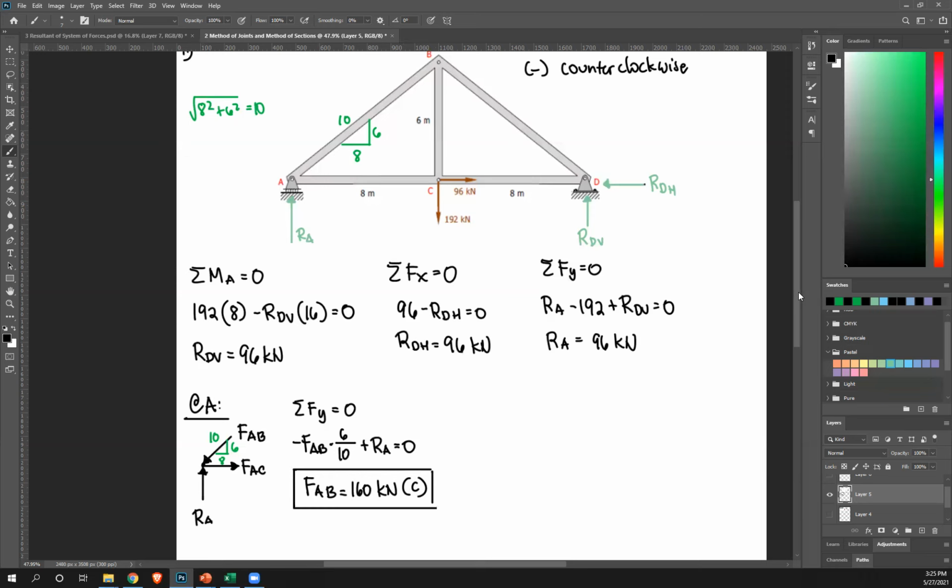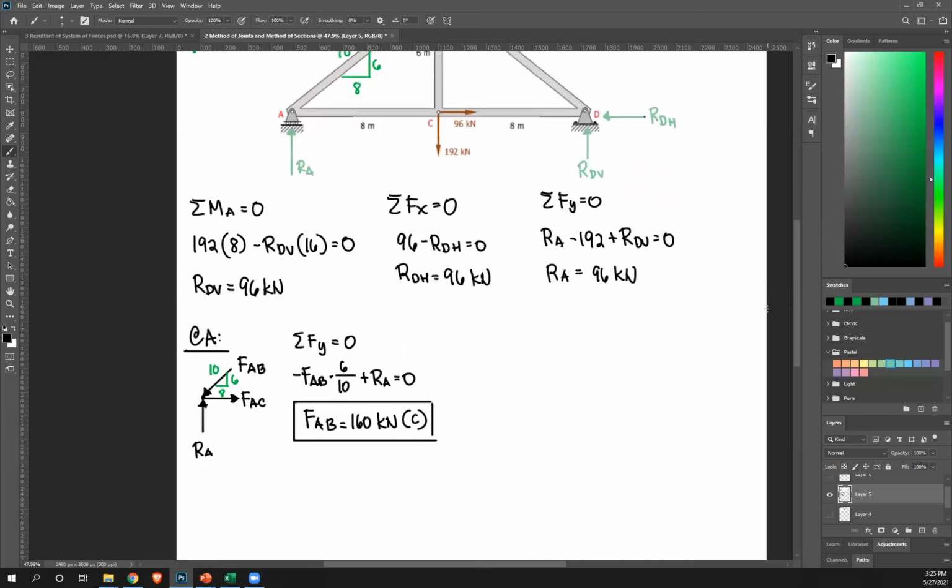Next, let's continue to get the x forces. FAB to the left, therefore negative FAB. Once again, now we have to get the x component. So take the leg that's parallel to the x-axis, or the leg that's horizontal.